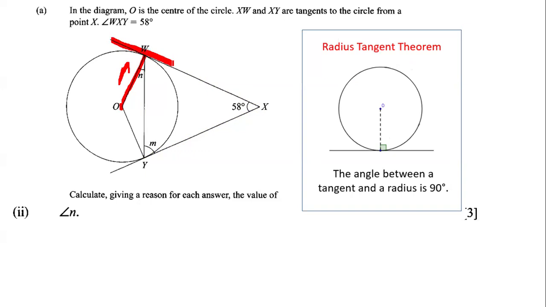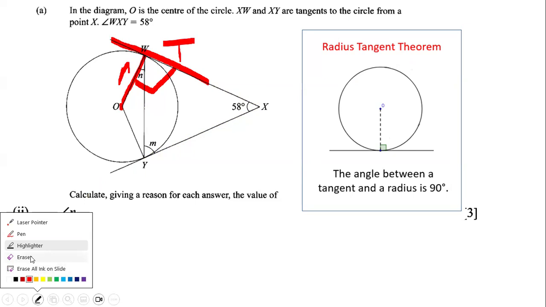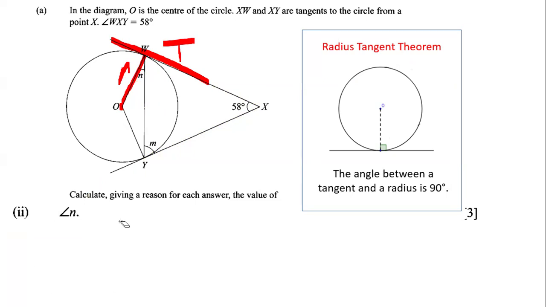We have the radius, which is r, and the tangent, which we call t. Now the angle formed between the radius and the tangent is 90 degrees. Let me do that better, 90 degrees. And we use a box to indicate that it's 90 degrees.